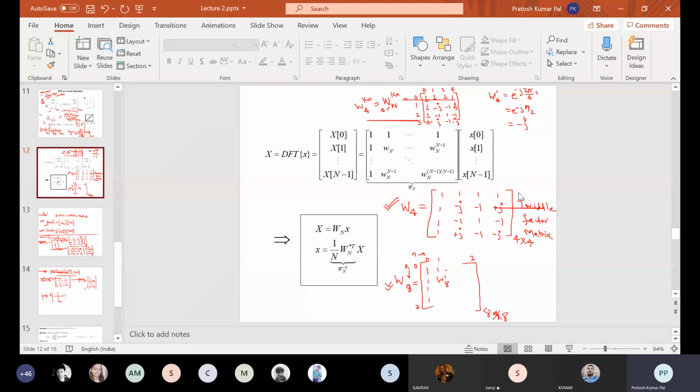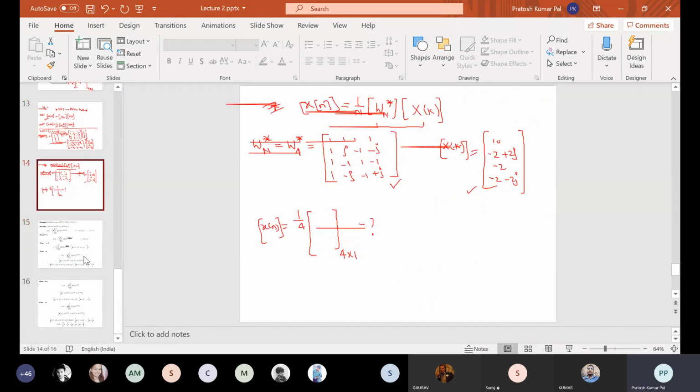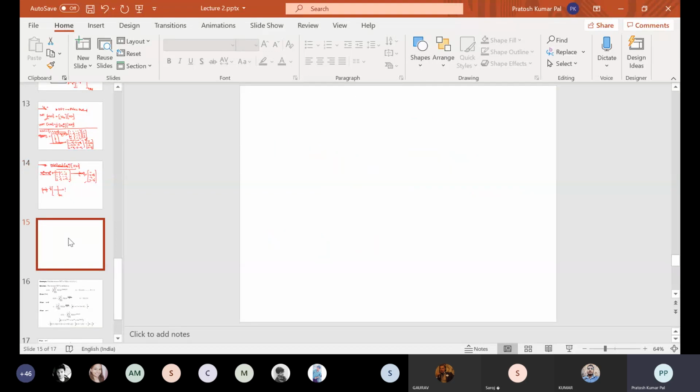Yes sir. Okay then. So we will start like how we can calculate the W of n. So we will take another slide. So we will see how we can calculate W of n.